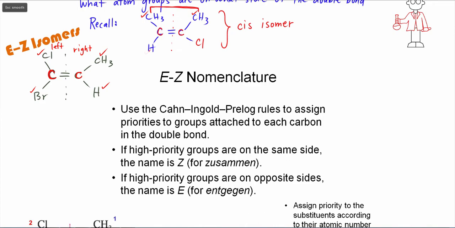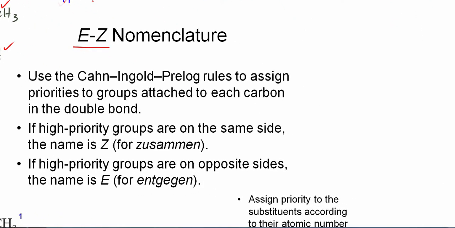So with this E-Z nomenclature, you are going to assign a priority, and that priority is based on atomic number.